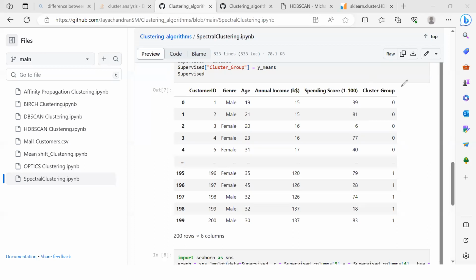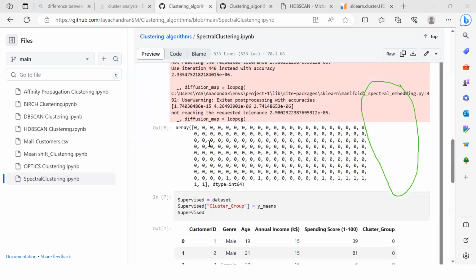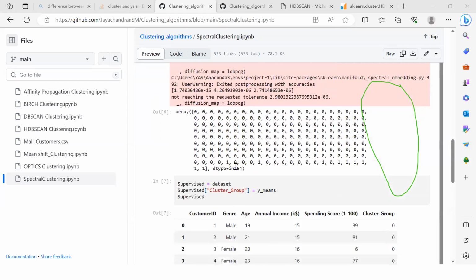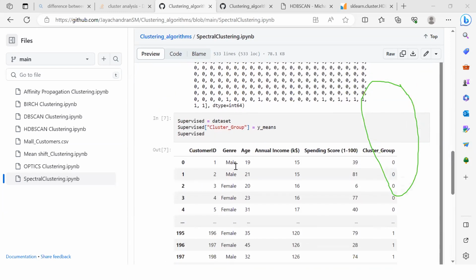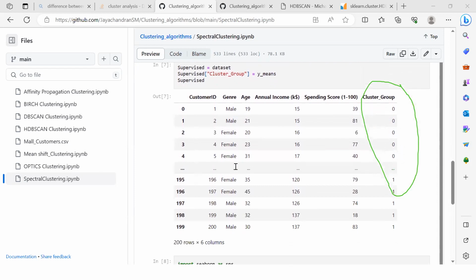In the original data set, we don't have this particular column. After running this spectral clustering algorithm, we got this output value, zero and one. In this example, you can see that it has been proportionately mapped onto the annual income and the spending score. So we got this plot something like this.